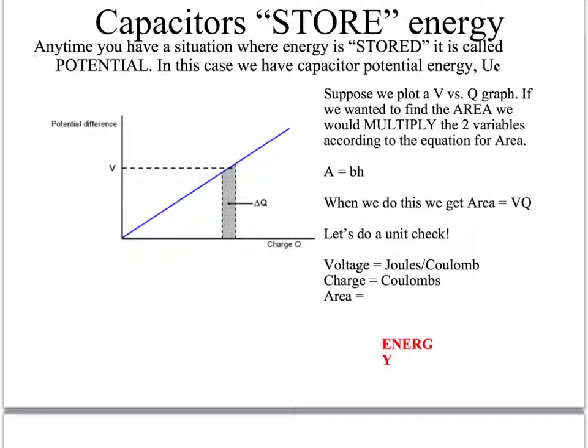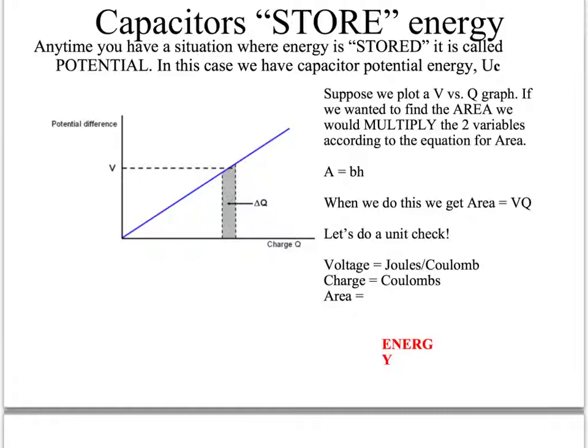If we plot a voltage versus charge graph, and we wanted to find the area, we would multiply the two variables according to the equation for area. We know area is base times height, so voltage times charge. If we look at our units, the unit for voltage is joules per coulomb.